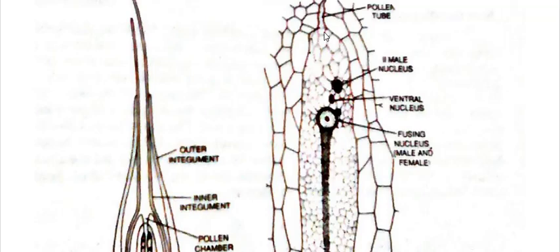After entering the female gametophyte, it reaches the neck region of the archegonium, and then reaches the female egg, and here it releases both male nuclei. The first male nucleus unites with the egg to form the zygote, and the second male nucleus, it has been reported, unites with the ventral canal nucleus.